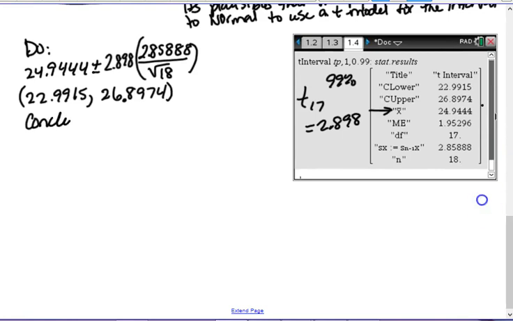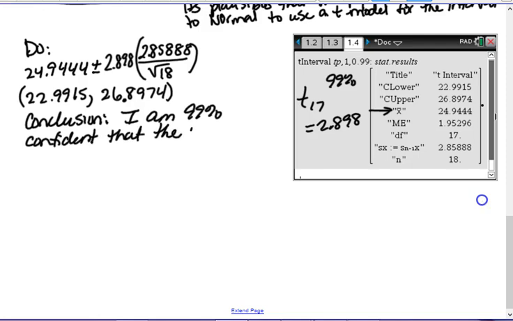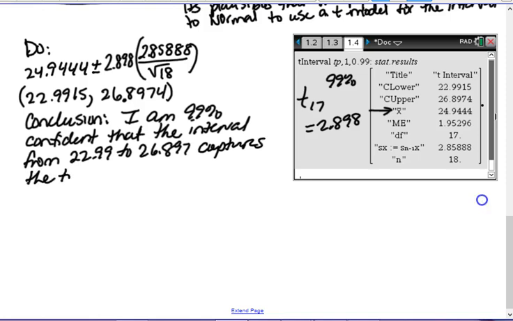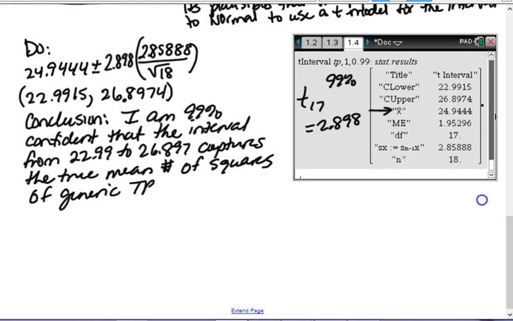So my conclusion here, I am 99% confident that the interval from 22.99 to 26.897 captures the true mean number of squares of generic toilet paper needed to absorb 1/4 cup of water.